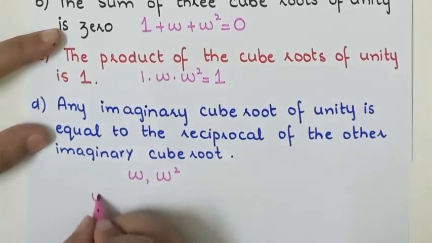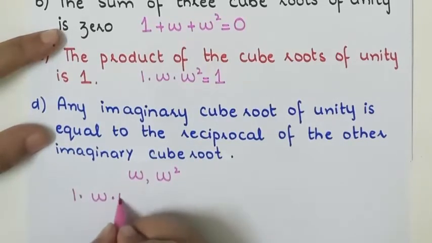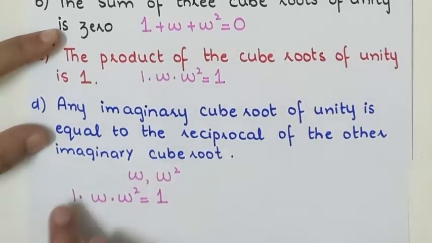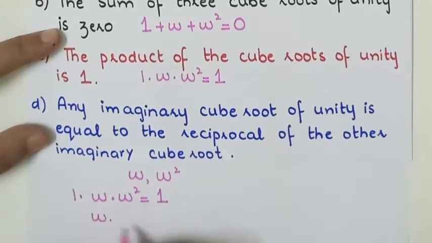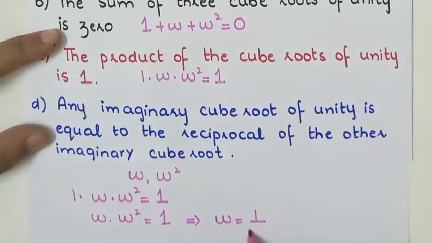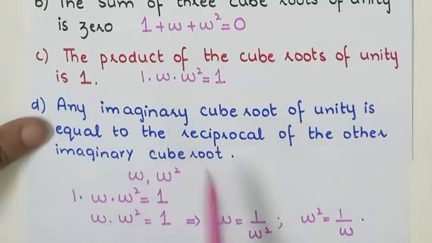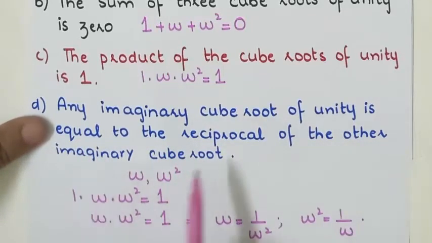It means we know that 1 dot omega dot omega square is equal to 1. 1 dot omega is omega, and omega times omega square is equal to 1. From here we can say that omega is equal to 1 over omega square and omega square is equal to 1 over omega. It means any imaginary cube root of unity is equal to the reciprocal of the other imaginary cube root.